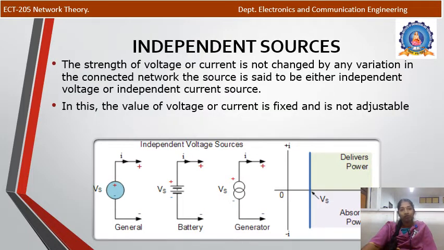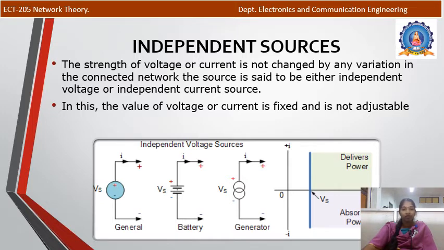The strength of the voltage or current is not changed by any variation in the connected network. Then the source is said to be either an independent voltage source or current source. These are some notations that we are using. A battery in general we denote with plus and minus; if it is a DC source, it will be denoted using a battery.